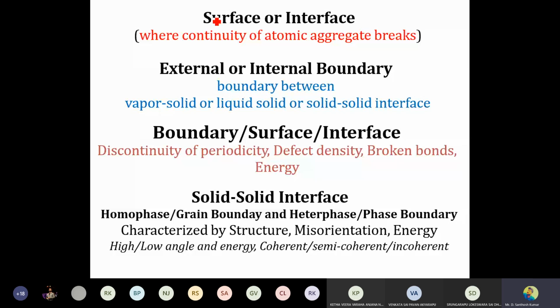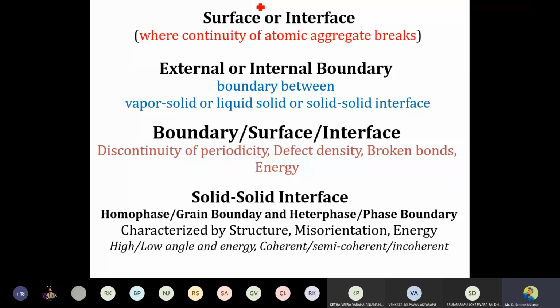If the continuity of the atomic aggregate breaks, then a surface arises. Please remember this point: if the continuity of atomic aggregates breaks down, then a surface arises.